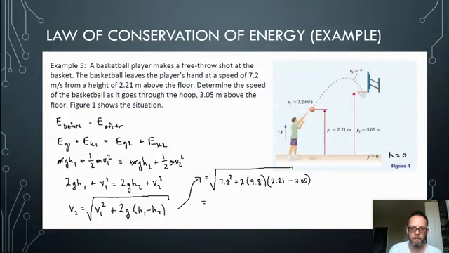Because if it's higher in the air, we've gained potential energy, but we've lost kinetic energy. So we should have a smaller value. Let's actually just do 2.21 minus 3.05 times 2 times 9.8 plus 7.2 squared, and then root it. So I've got that as it passes through the basket, it's traveling at about 5.9 meters per second. Yeah, and that's what I got earlier too.